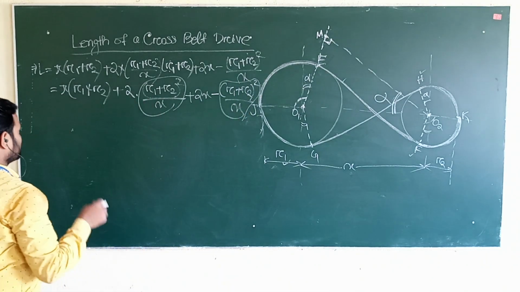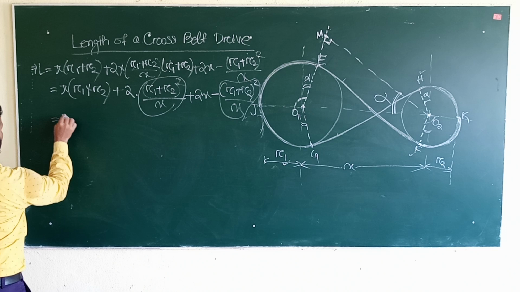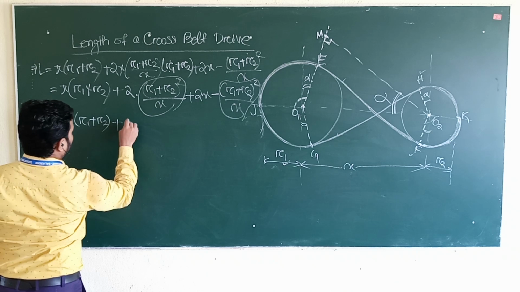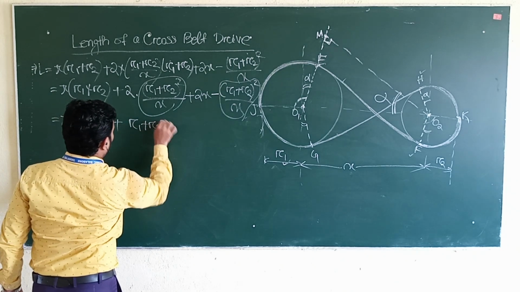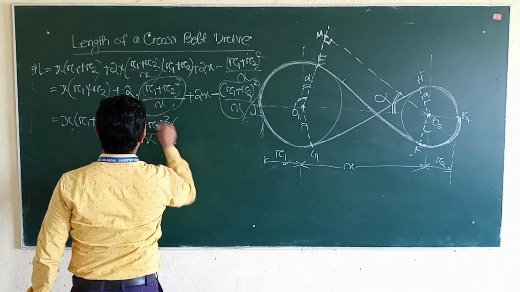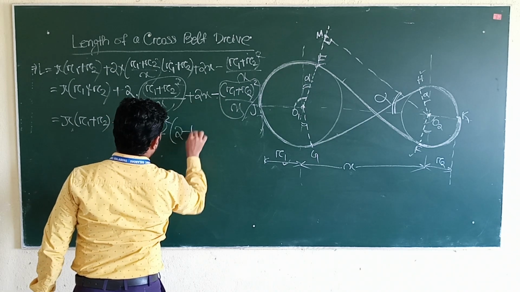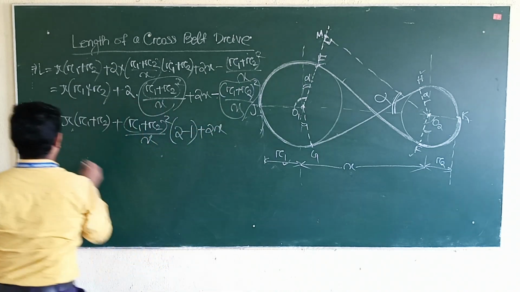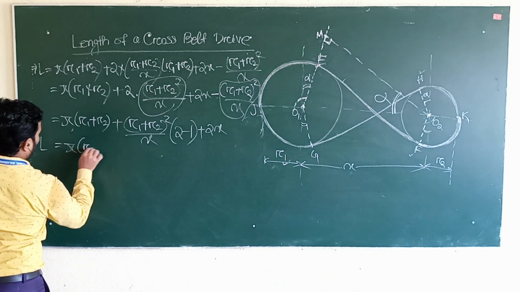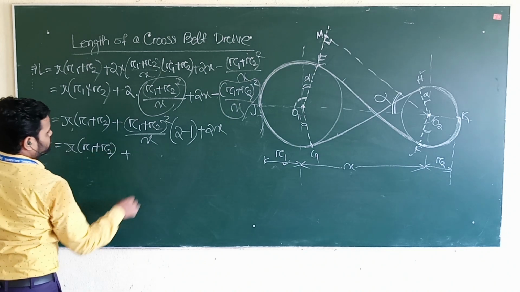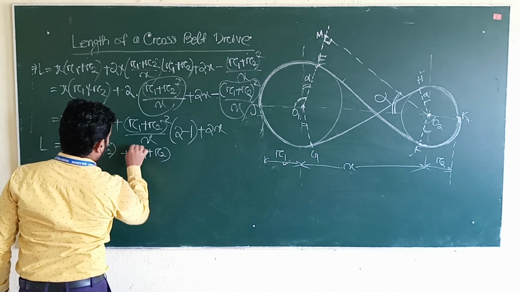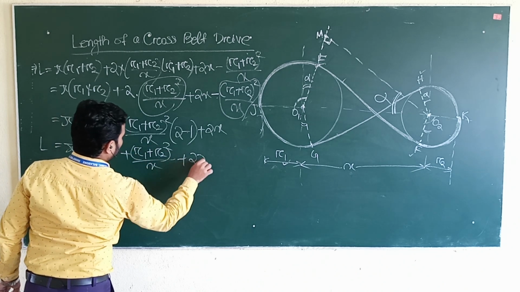So we will take common (r1 plus r2) square by x. Now that is pi into (r1 plus r2) plus (r1 plus r2) square divided by x, and the remaining terms will be 2 minus 1, plus 2x. Now capital L equal to pi into (r1 plus r2) plus 2 minus 1, that is 1, so the remaining term is (r1 plus r2) square by x plus 2x.